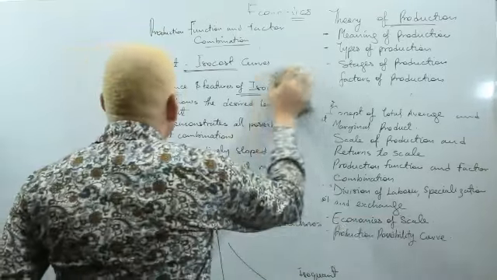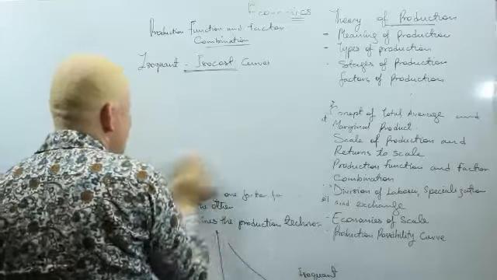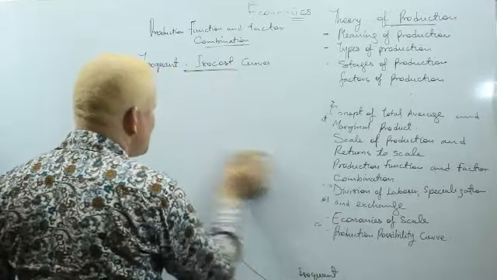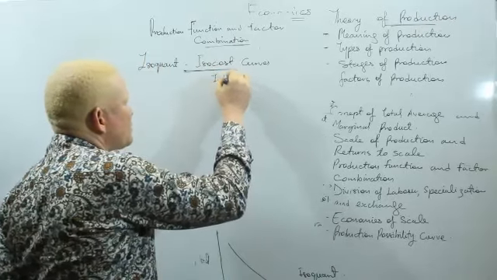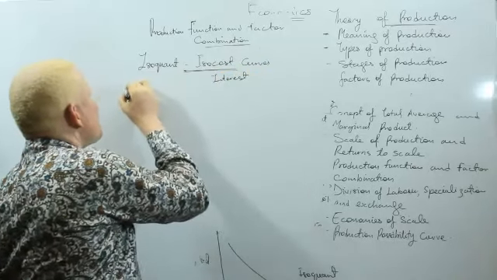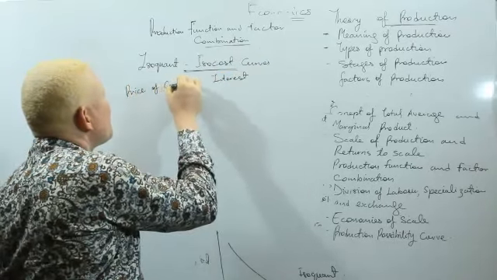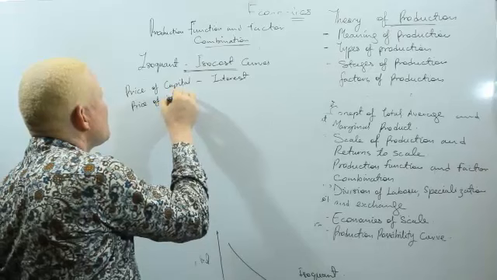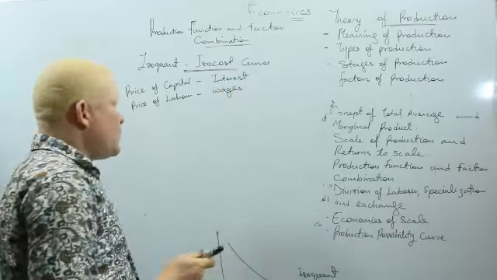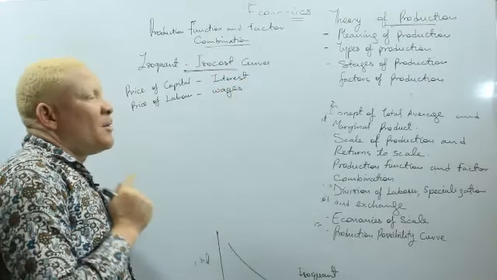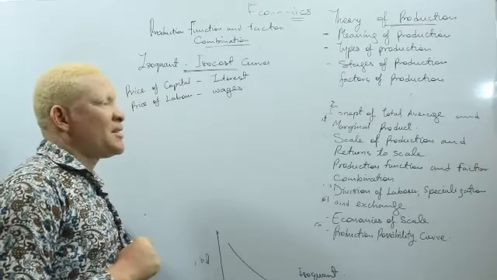Earlier on we had mentioned that the price of labor is wages, while the price of capital is interest. Both of them are important in checking the Isocost.